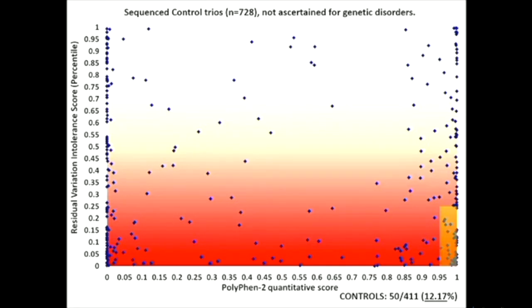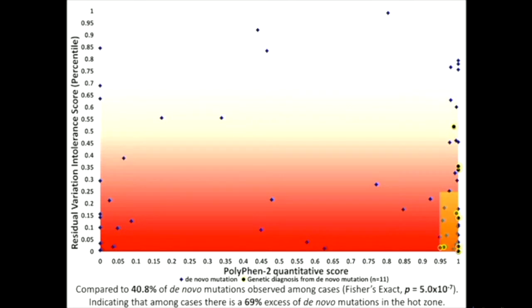We looked at about 103 trios that were ascertained for a heterogeneous collection of phenotypes, and we see a strong preferential enrichment of the de novo mutations happening in the bottom right-hand corner where the hot zone is. About 41% of the mutations found in this ascertainment happened in this hot zone region. That quantifies to about 70% more mutations in this region than what we expect based on control trio data.